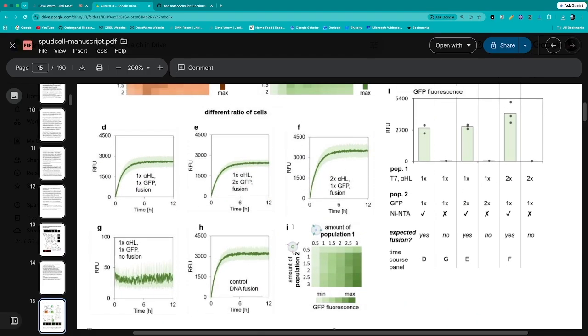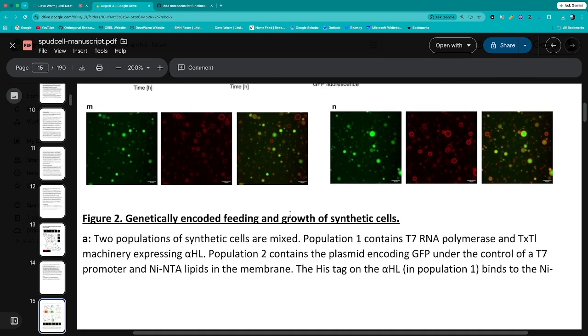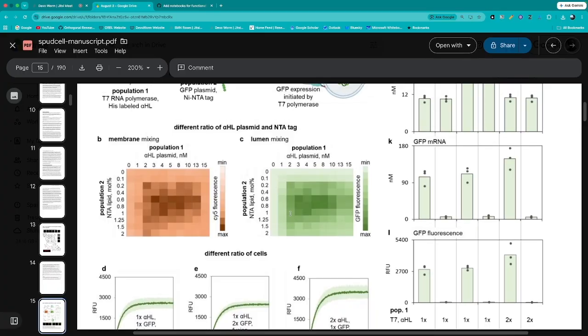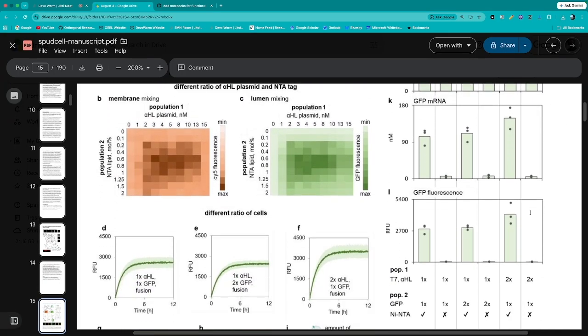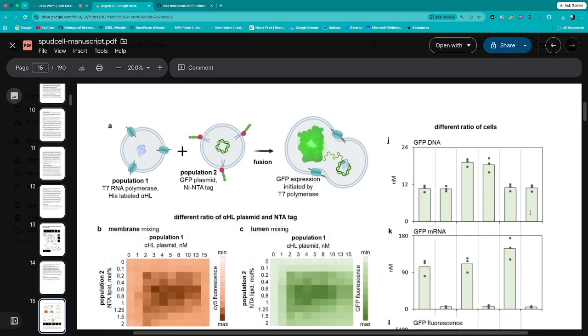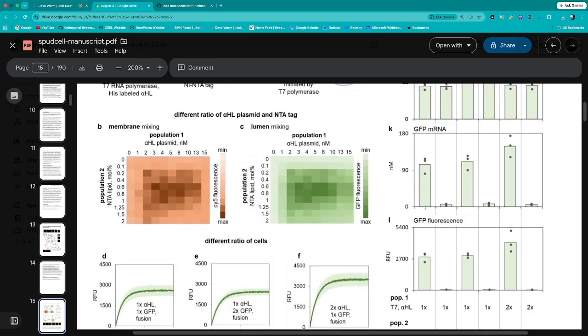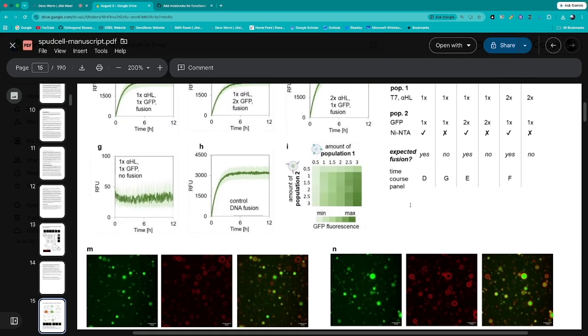And this is just as a verification mechanism to make sure that this process is happening the way it should. Then you can also look at different ratios of cells. So this just shows that. This is different ratio of cells using a GFP signal, GFP mRNA, DNA, and fluorescence.